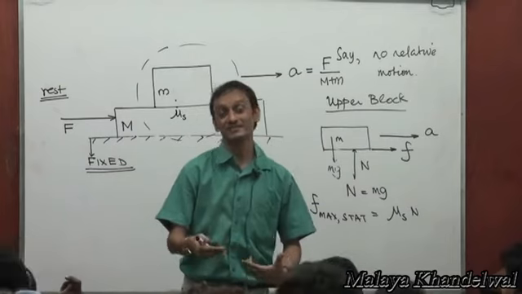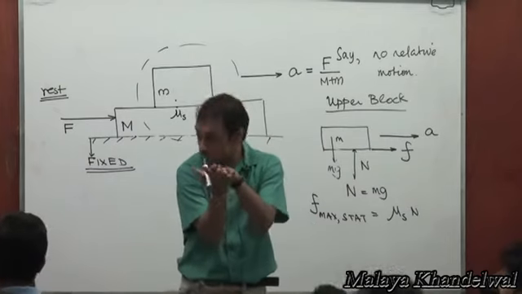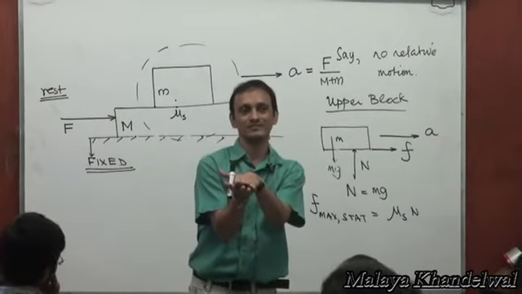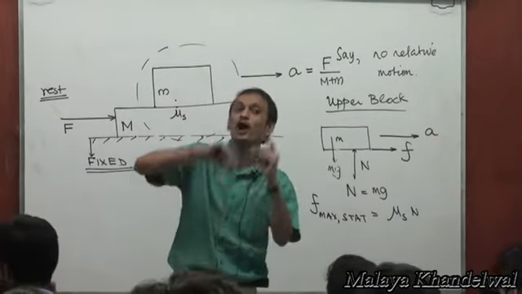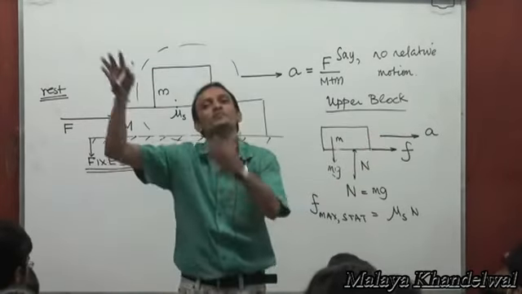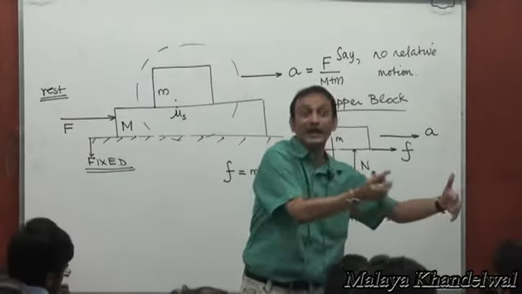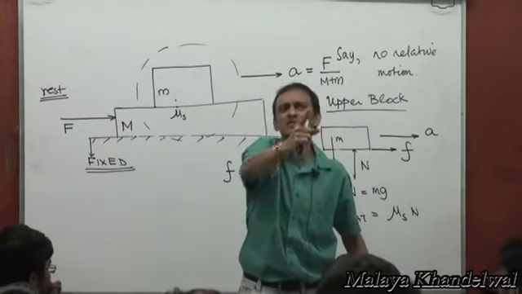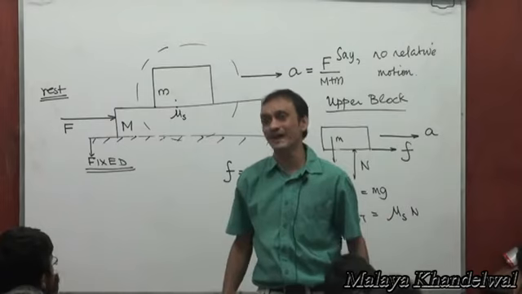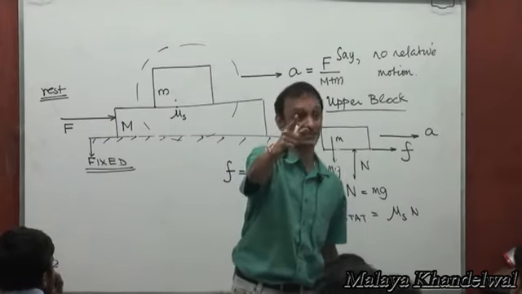Your assumption about prevalence of static conditions between the two blocks is incorrect. Which means the two blocks must have had different accelerations. And then life becomes easy. Once you know they have different accelerations, then the force of friction between them is fixed. It's kinetic friction. It's mu k into N.